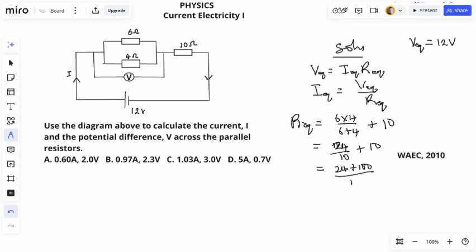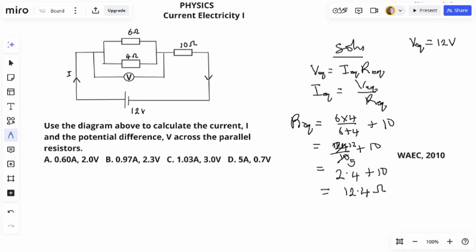Okay, let me not be too quick to do things. Let me take it slow. So 24 divided by 10: 10 divides 24, 2 times remainder 4, over 10, that will be 2.4. Then plus 10, that will give us 12.4 ohms. So the equivalent resistance is 12.4 ohms.